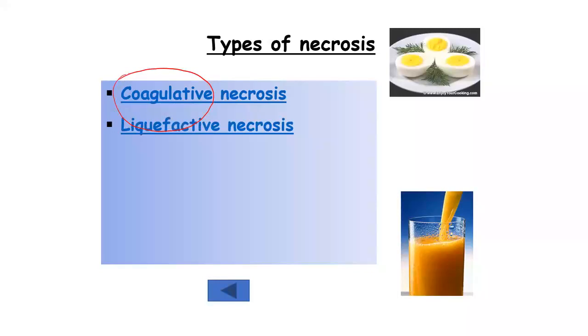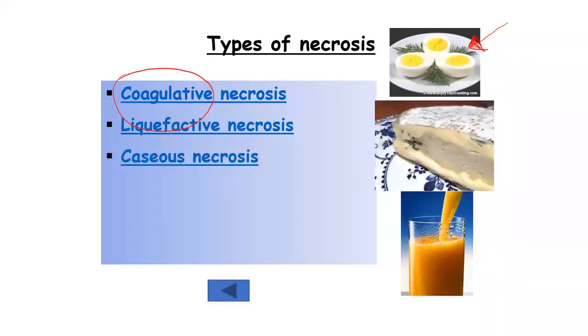We have five types of necrosis, and gangrene. The types of necrosis include coagulative necrosis, and remember the boiled eggs. Liquefactive necrosis, and remember the juice, it is liquefied like a juice.